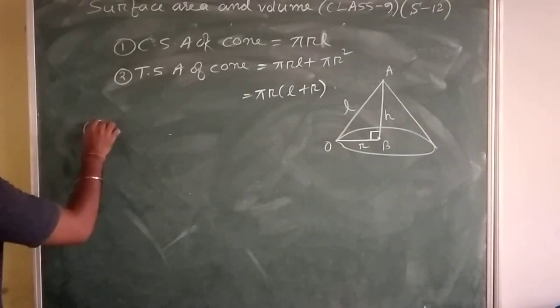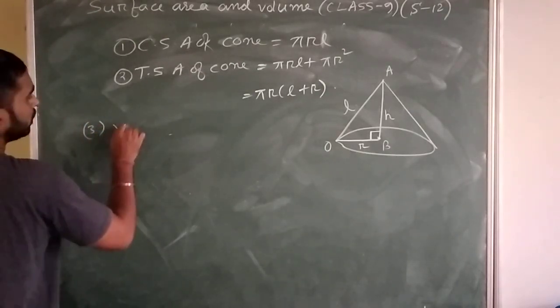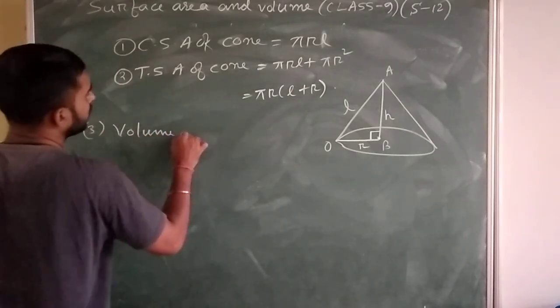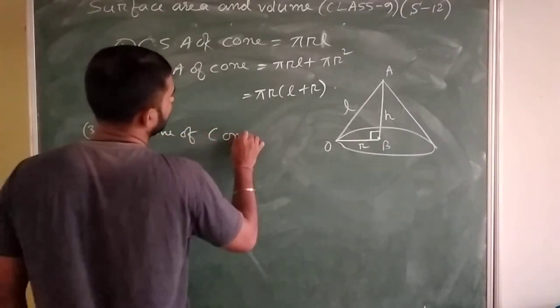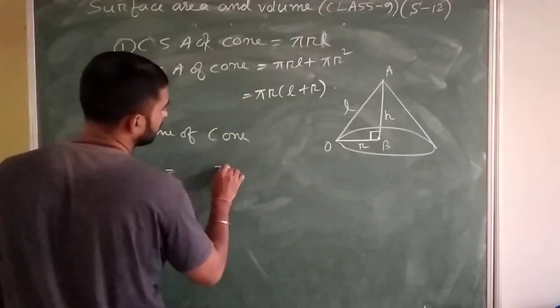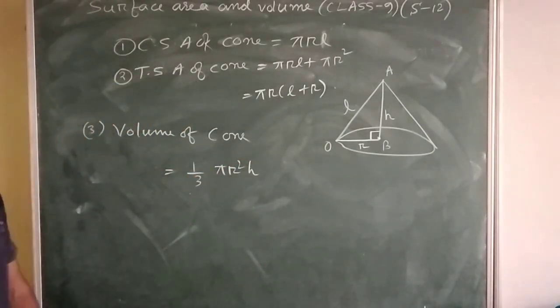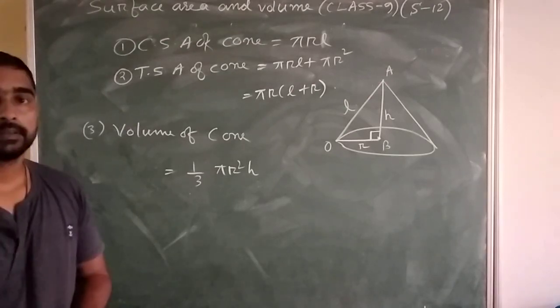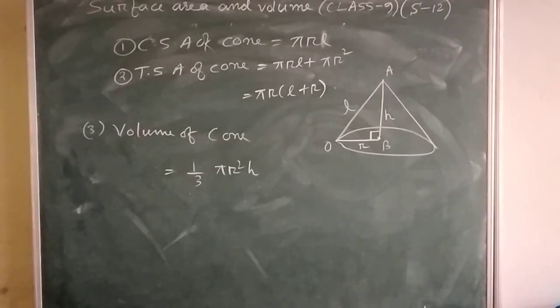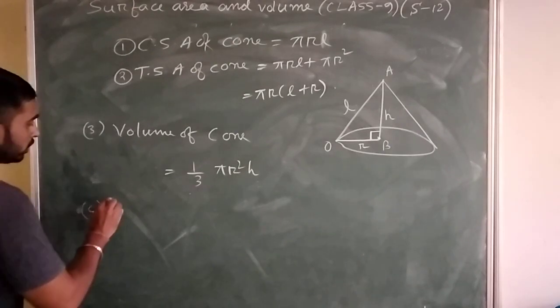The next is volume of cone. Volume of cone equals 1/3 the volume of what? Cylinder. 1/3 the volume of the cylinder. Okay, in the previous one I forgot to give one formula, that is volume of hollow cylinder.